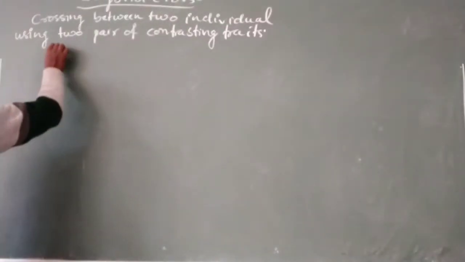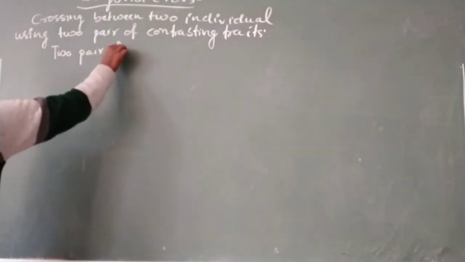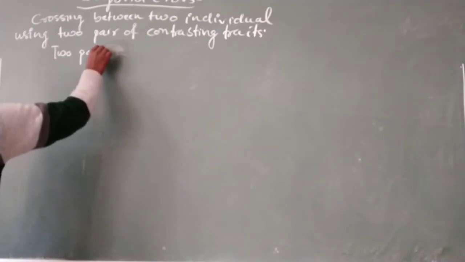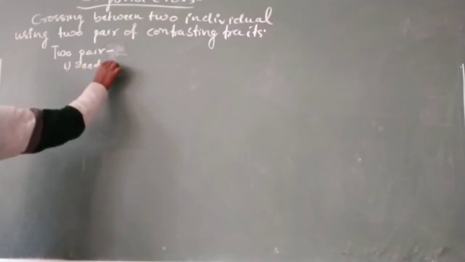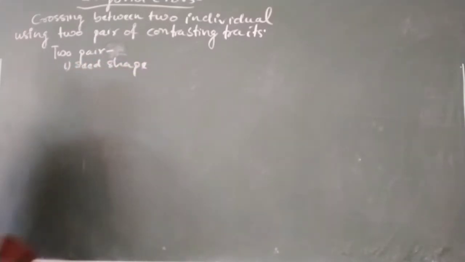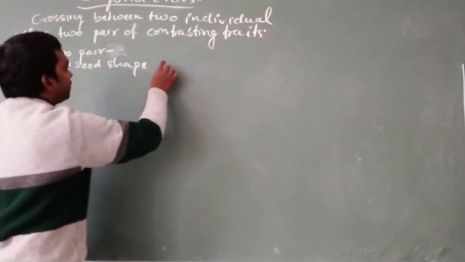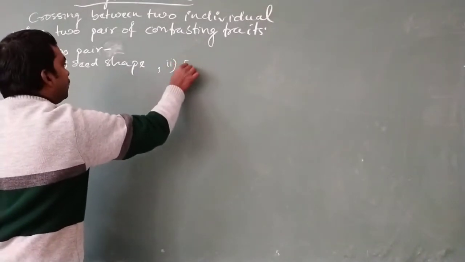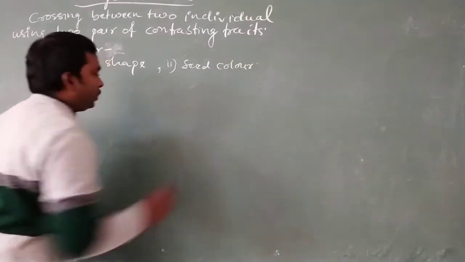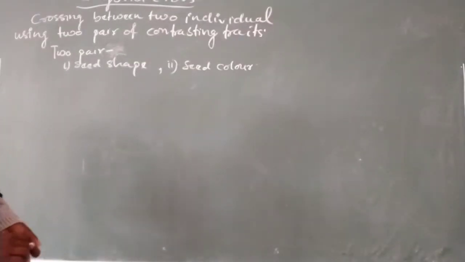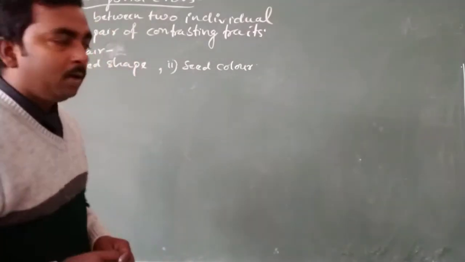The pairs of traits are, the first, the seed shape, and the second, the seed color. So these are the two pairs of contrasting traits which were taken by Mendel to do his experiment.